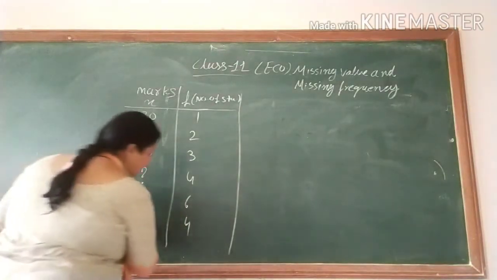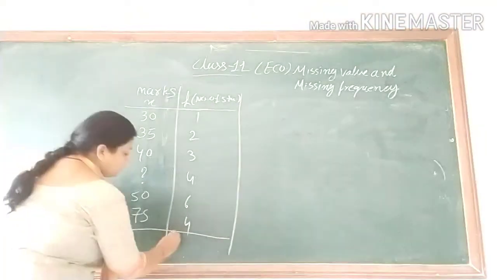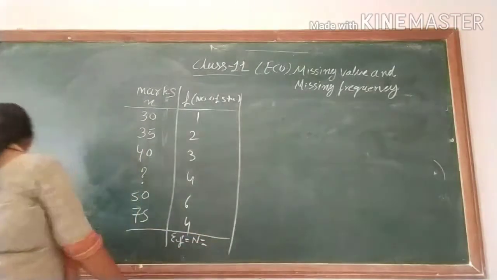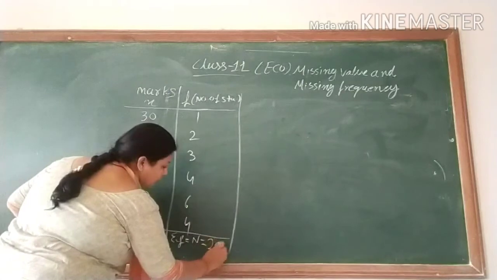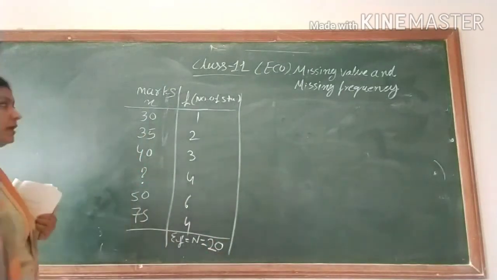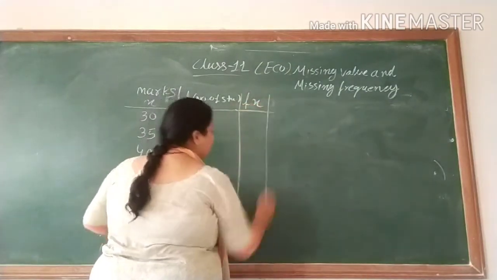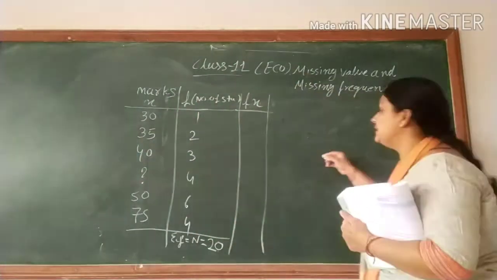Now when we are talking about the discrete series, we have already seen this is your sigma f or n. Just find out the value of sigma f or n: 20. So 20 is your n. Clear? Now we need fx, because what is the formula of x bar with the help of the discrete series?